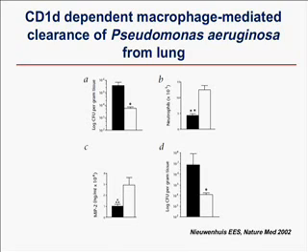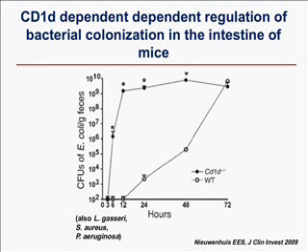Similarly, NKT cells are very important not only in managing the responses to pathogens, but also in managing commensalism. If you take a germ-free CD1d deficient animal and you monocolonize with E. coli, and then compare that monocolonized CD1d knockout animal to a wild-type animal, you can see that at 9 hours, there's a 10 to the 9th greater number of E. coli colonized in the gut in a CD1d deficient animal than in a wild-type animal.